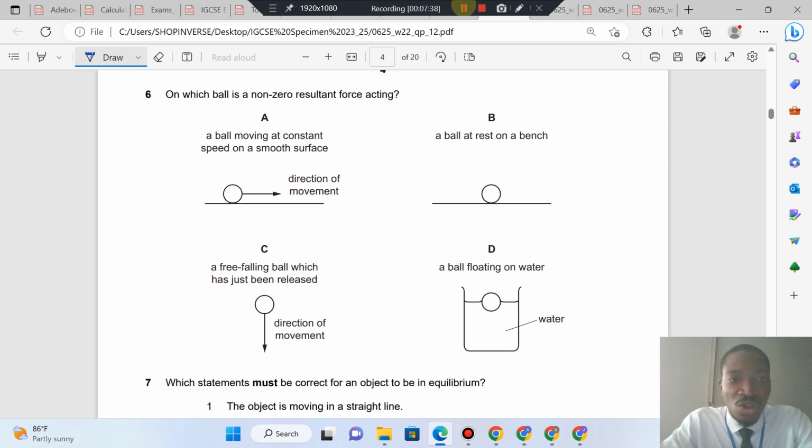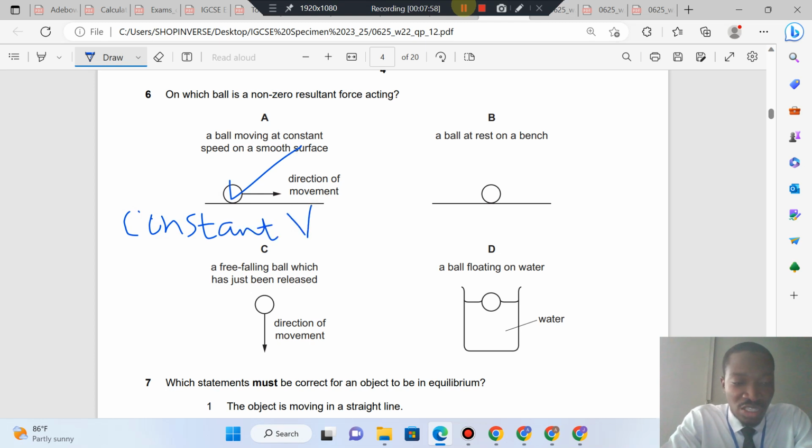Question 8. On which ball is a non-zero resultant force acting? Option A, a ball moving at constant speed on a smooth surface. When speed is constant, it means acceleration is equal to 0. Do not forget that force is equal to mass times acceleration.